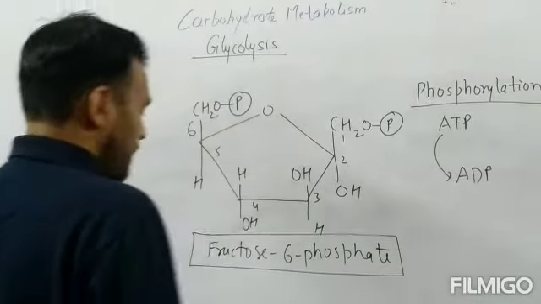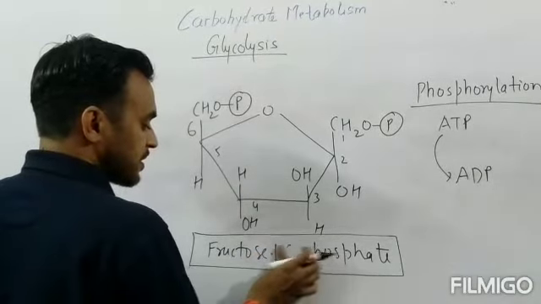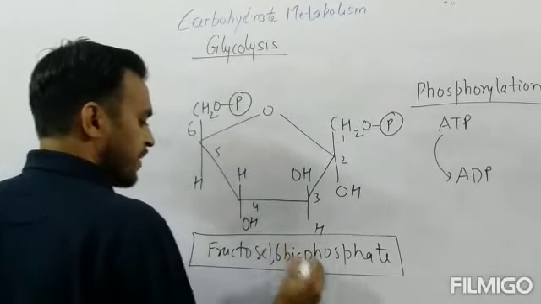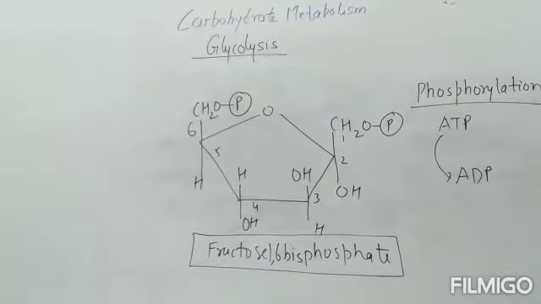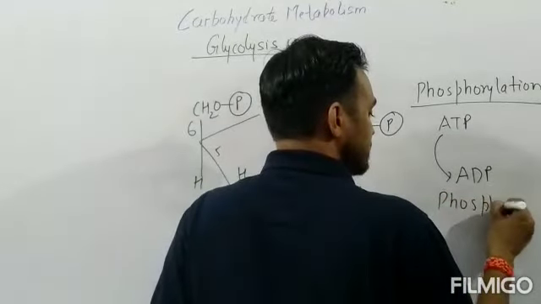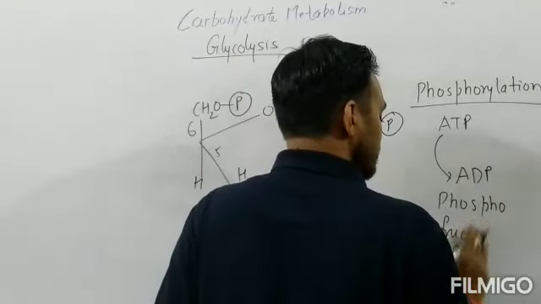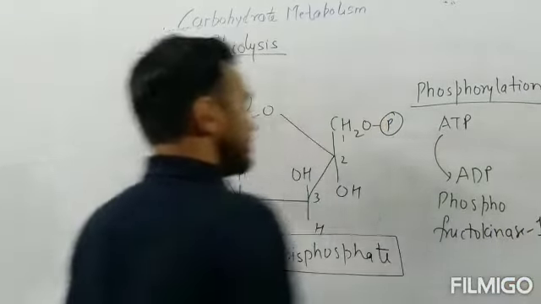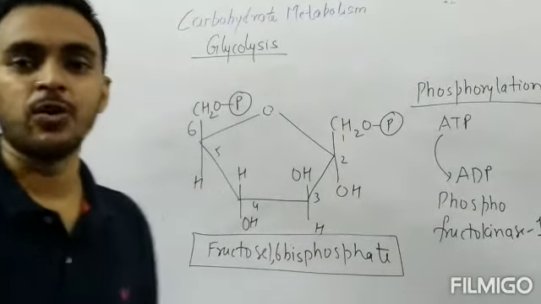The product will be fructose 1,6-bisphosphate, and the enzyme is phosphofructokinase 1. This was the third step of glycolysis.